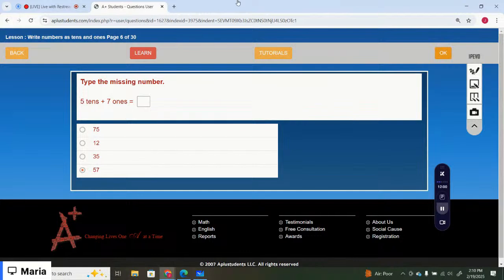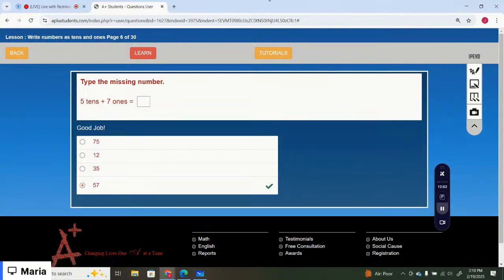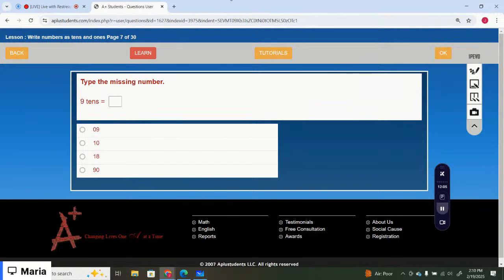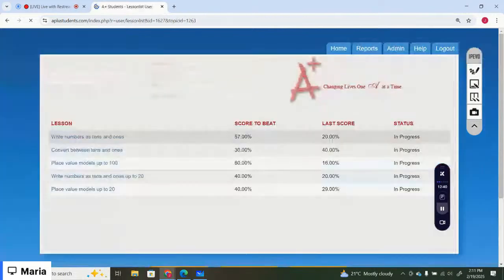So together they make 57. Nine tens means 90. The last option is the correct option. Okay, you can complete the lesson by yourself later today. Let me just move on to the next lesson.